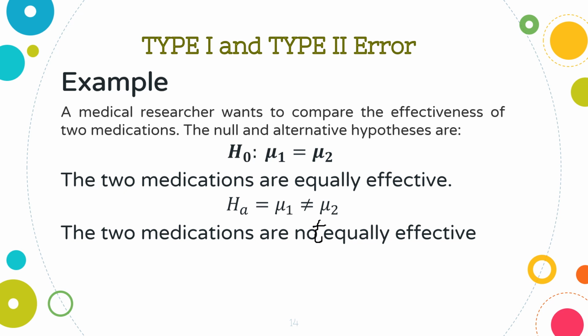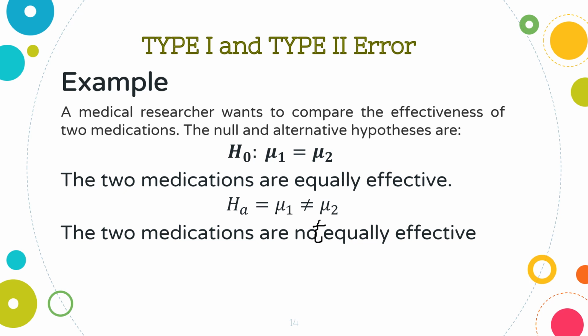If the medications have the same effectiveness, the researcher may not consider this error too severe because the patients still benefit from the same level of effectiveness regardless of which medicine they take. Di ba? Ang type 1 error natin is that when we reject the null hypothesis when it is true. So, we commit that type 1 error.